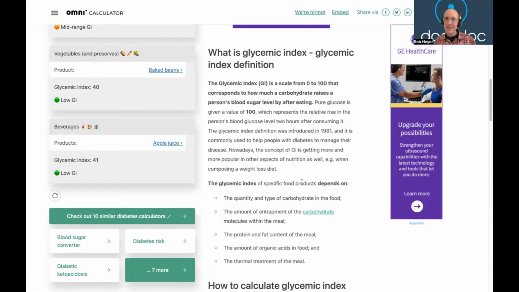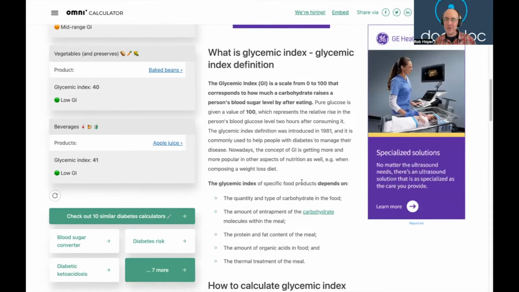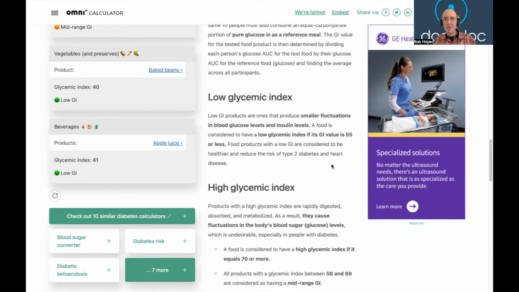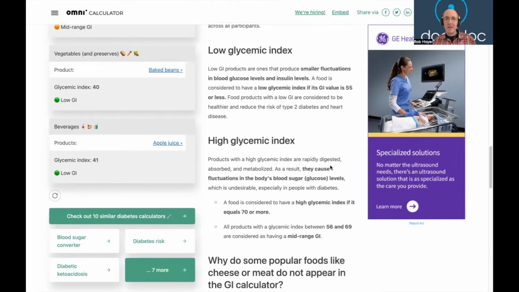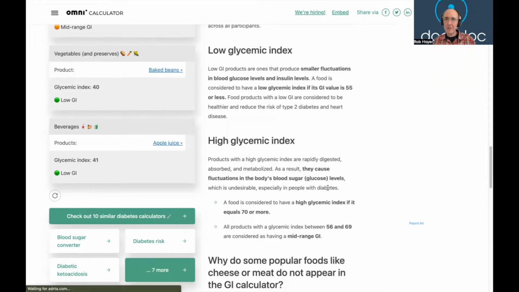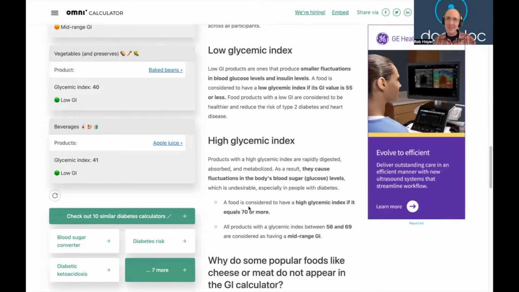Then compare the area under the curve for glucose of the beets, and divide that by the glucose area under the curve for the pure sugar, and you get a value between basically 0 and 100. Low is defined as 55 or less for the glycemic index, medium is 56 to 69, and high is 70 and above. So that's the glycemic index.